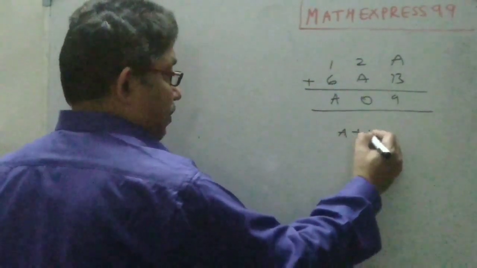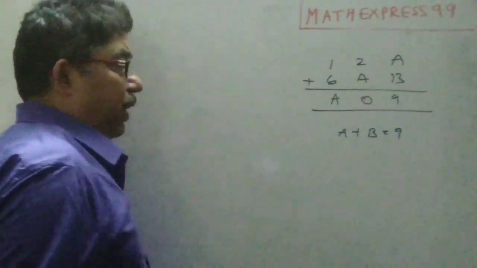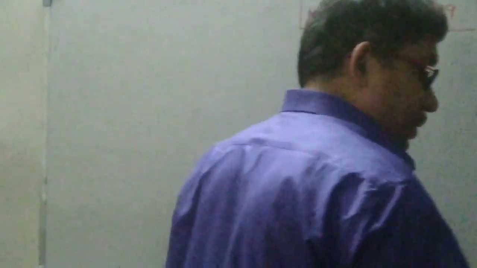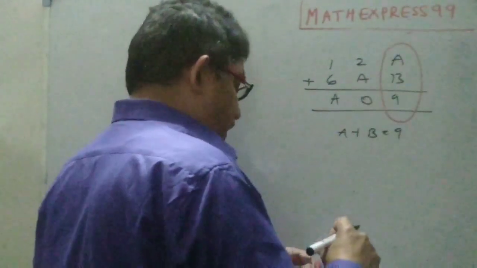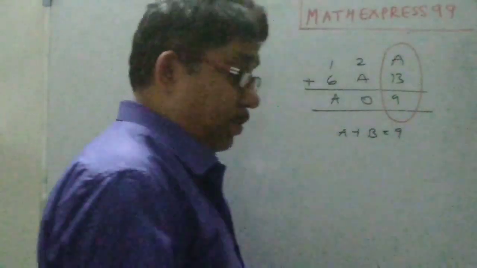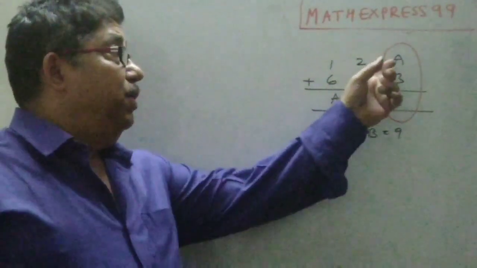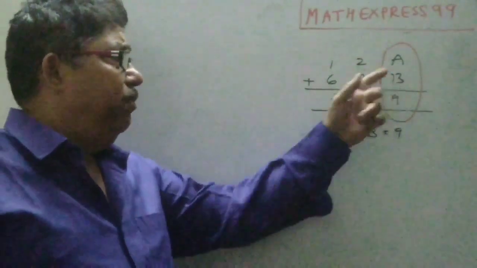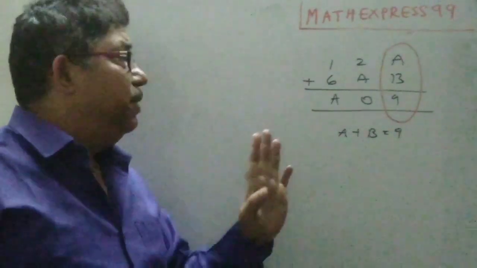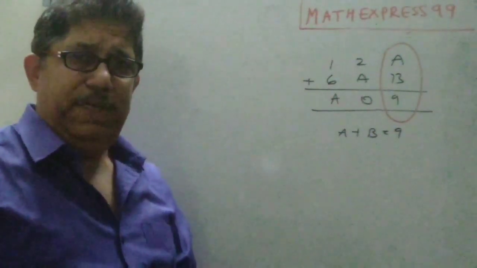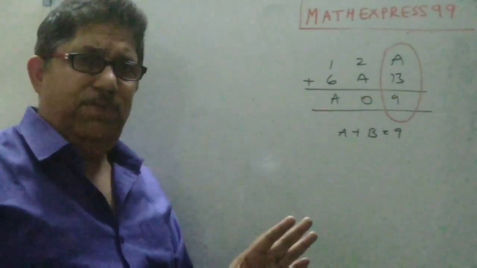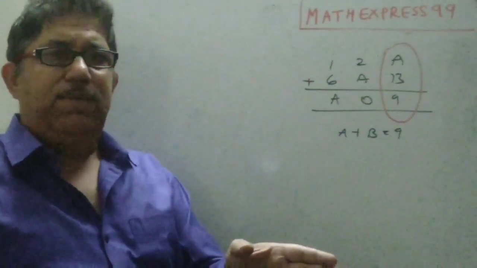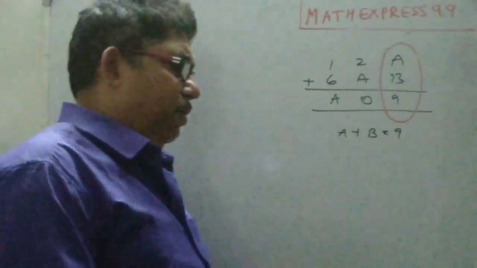Very first thing. Now is this going to be there? Is there involving any carryover? Well, no. Why no? Because maximum value of A is 9, maximum value of B is also 9. So 9 plus 9 can maximum become 18 if carryover is involved. If you are getting 9, that means there is no carryover involved. Only thing you know is A plus B equal to 9. Now, you don't know A, you don't know B, so you can't find anything about it.